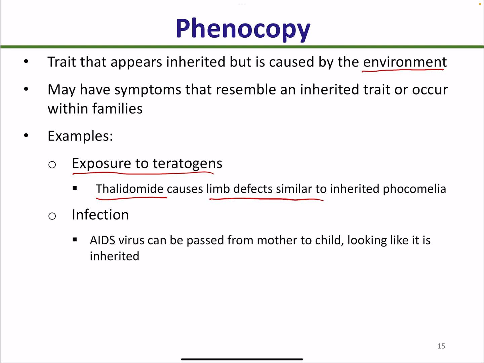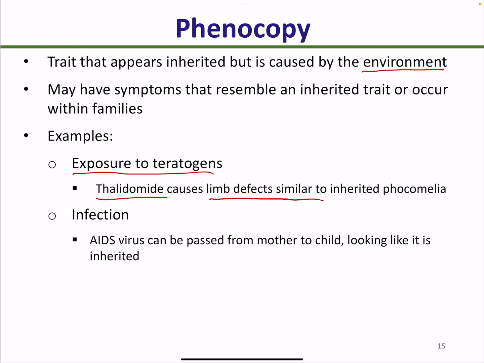That appear in an individual. This effect of teratogens, in this case thalidomide, right, is going to behave as if this was a genetic defect, which actually does occur, the genetic defect, right?